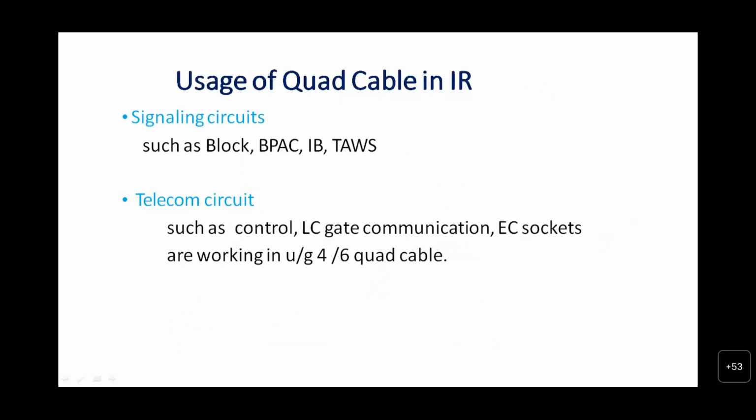These quad cables are being used for signaling circuits like block, BPSC, IB and TAWS, and in telecom circuits such as control, LC gate communication and EC sockets, that is, 4 quad or 6 quad cables are being used.